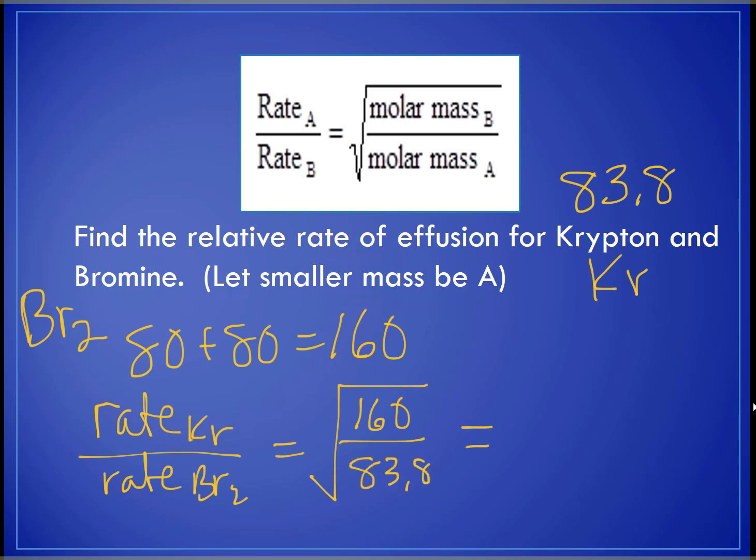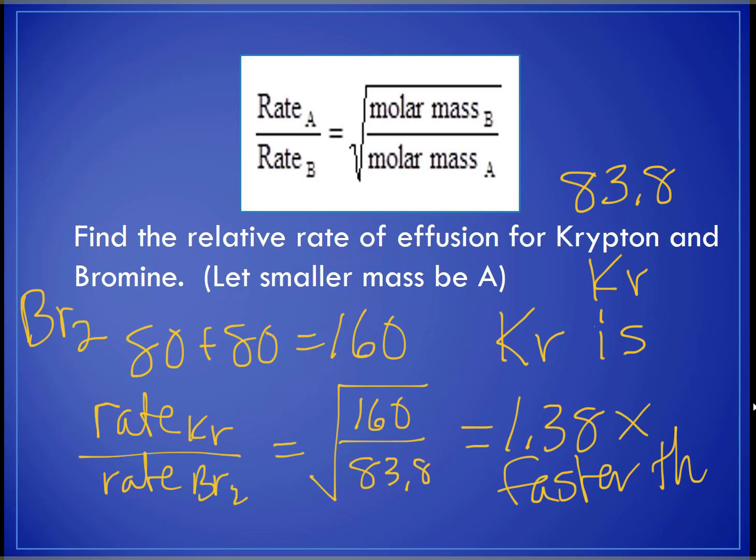When I put this in my calculator and take the square root, I get 1.38 as my answer. So what does this mean? We already know that krypton goes faster than bromine because it's smaller in mass. So this tells us that krypton is 1.38 times faster than bromine.